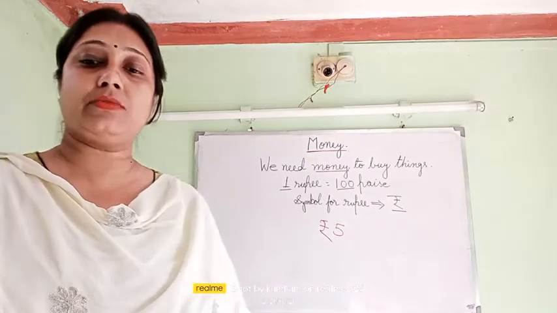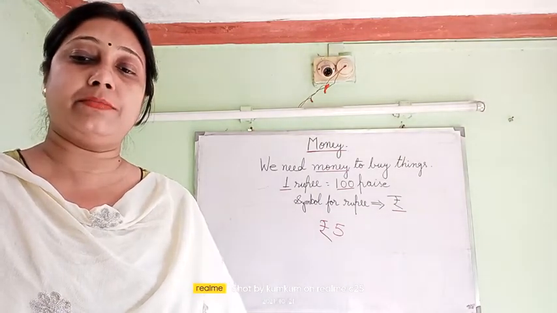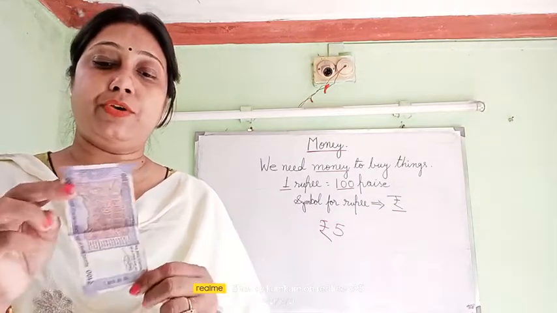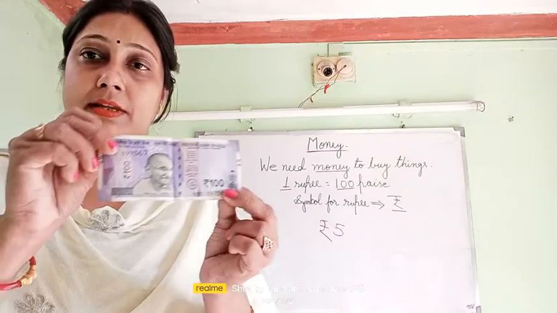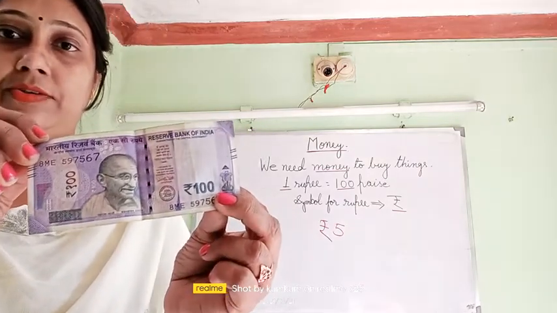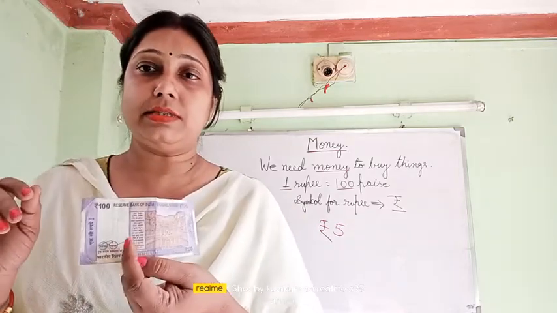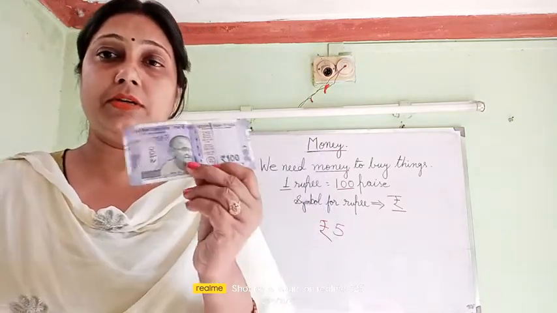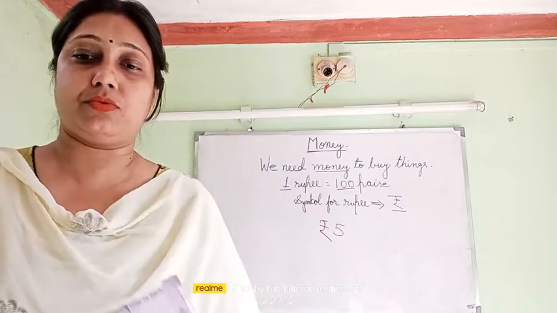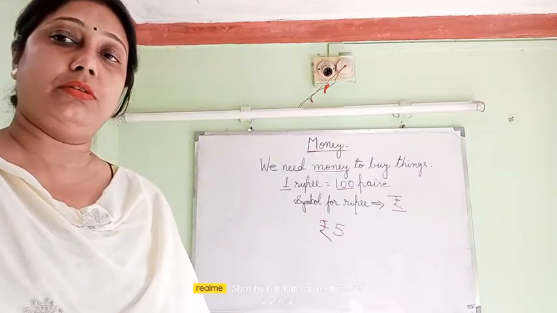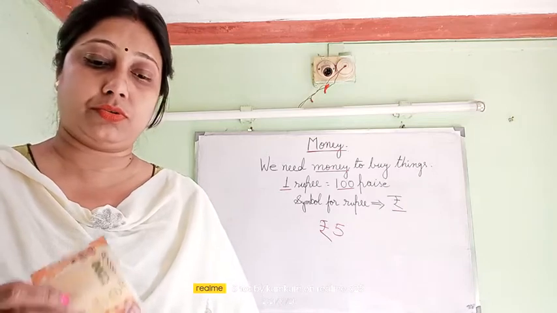Okay. Next, I am showing you some more. It is a 100 rupee note. See, it is a 100 rupee note. Generally, you will see it at your home. Next, I will show you a 200 rupee note.